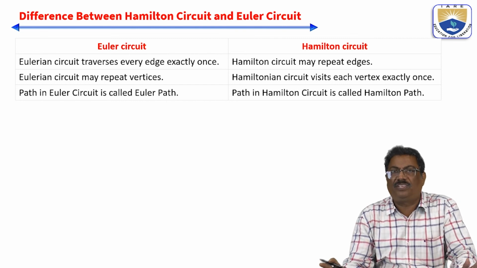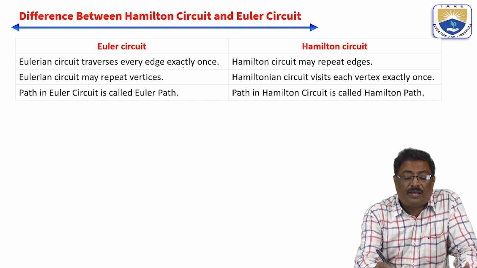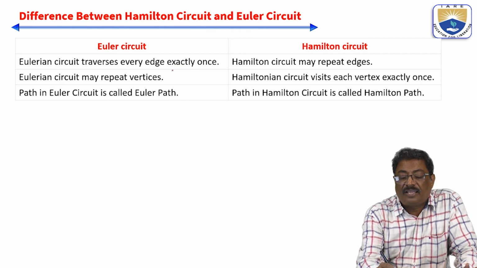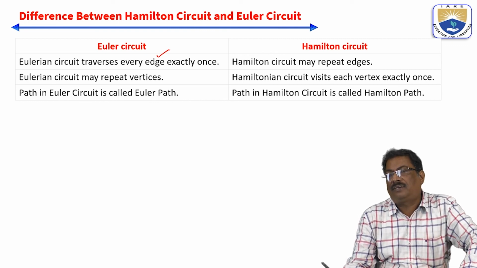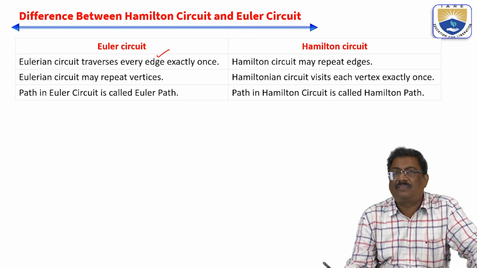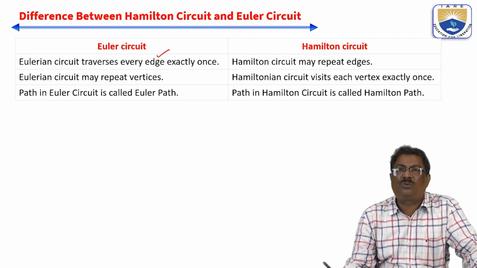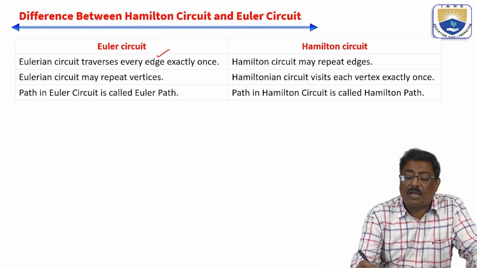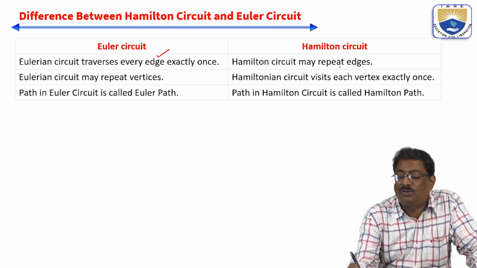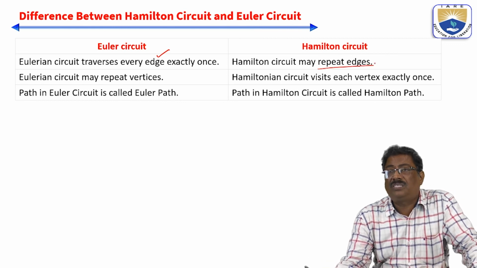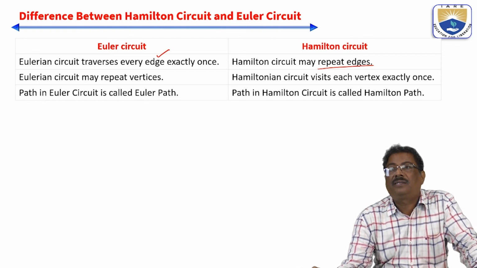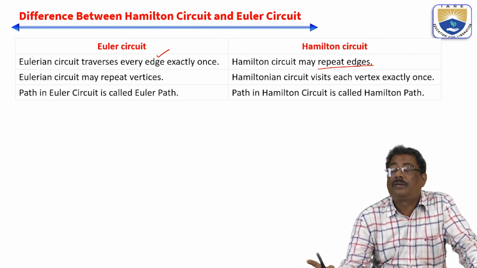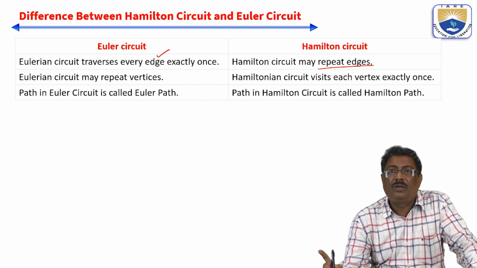So what are the differences between these two? An Euler circuit traverses every edge, and here repetition of vertices is not considered. It concentrates only on edges. Each and every edge should be covered only once. In a Hamiltonian circuit, the number of edges is not important, edges may be repeated or not covered, but it should traverse vertices only once.